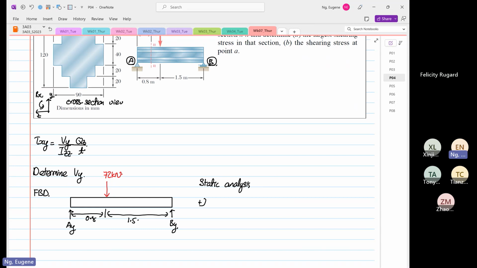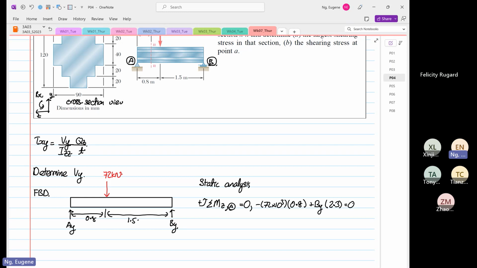Then we are immediately going to do static analysis, where we take summation of moment about z at point A equal to 0. The 72 is going in a clockwise direction. So it's negative 72 times 10 to the power 3 multiplied by a distance of 0.8, plus BY times, 1.5 plus 0.8 is 2.3.